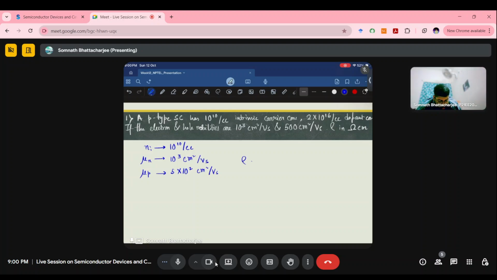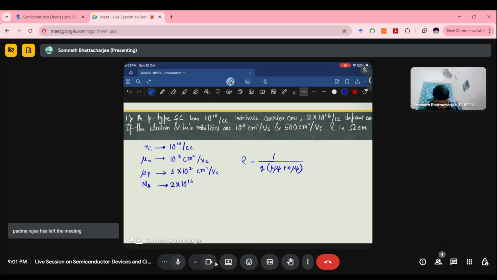We know rho is Q multiplied by (p mu p plus n mu n). We know mu n, mu p, Ni, and we know the value of Na as well, that is 2 into 10 to the power of 16 per cc.